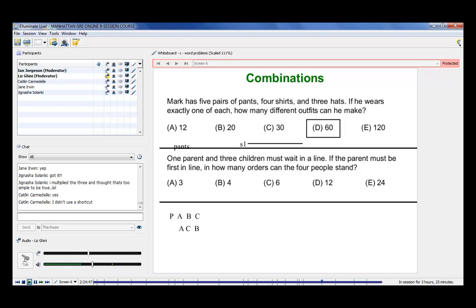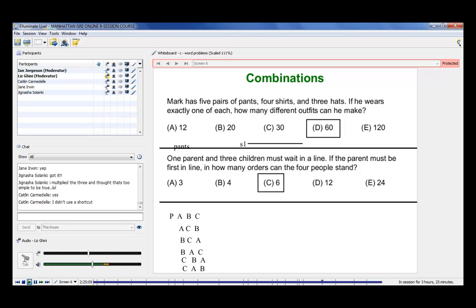I'm going to add to it. Then there's B, A, C, and then C, B, A, and C, A, B. So you realize there's 6 possibilities.